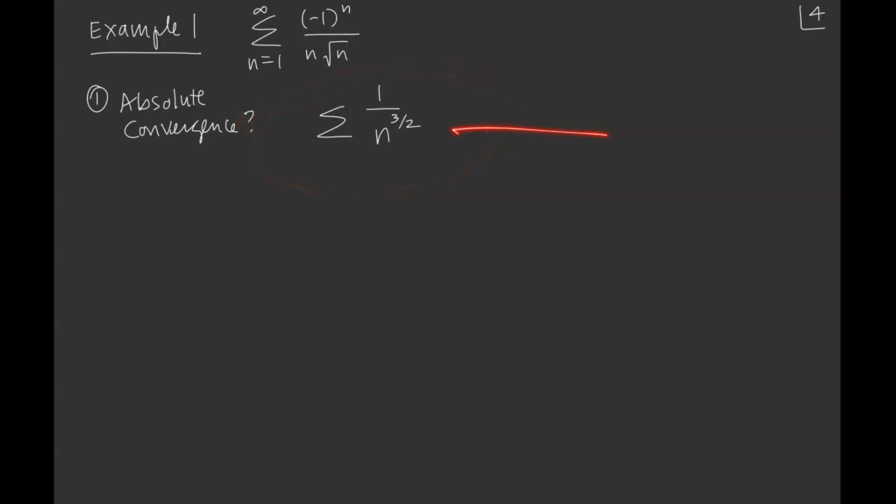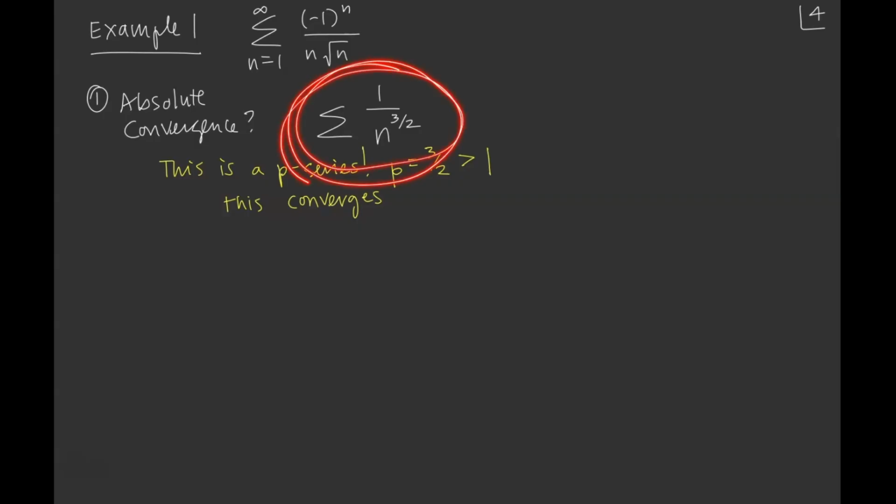This is definitely a p-series where our p is 3/2. That's always awesome because that makes things pretty quick. Here p equals 3/2, which is bigger than 1. For a p-series, this converges as long as p is bigger than 1. And so this was the test for absolute convergence.